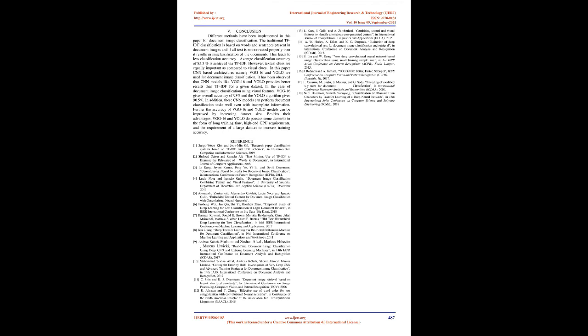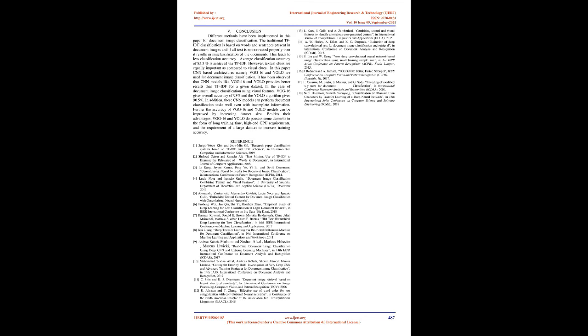In this paper, CNN-based architectures, namely VGG16 and YOLO, are used for document image classification. It has been observed that CNN models like VGG16 and YOLO provide better results than TF-IDF for a given dataset. In the case of document image classification using visual features, VGG16 gives an overall accuracy of 93% and the YOLO algorithm gives 90.5%.